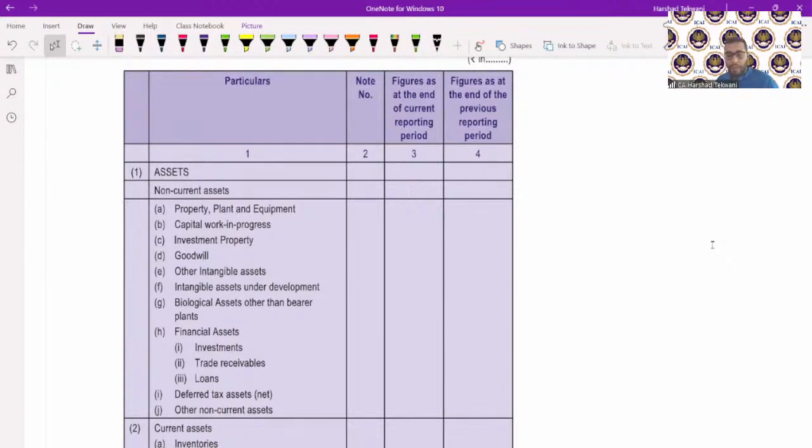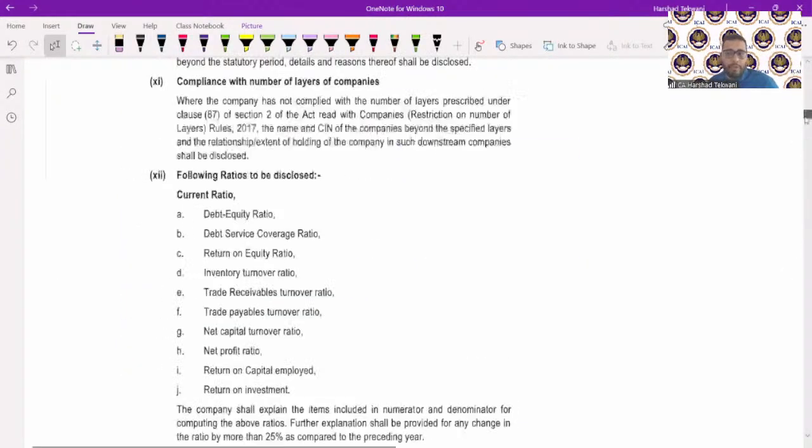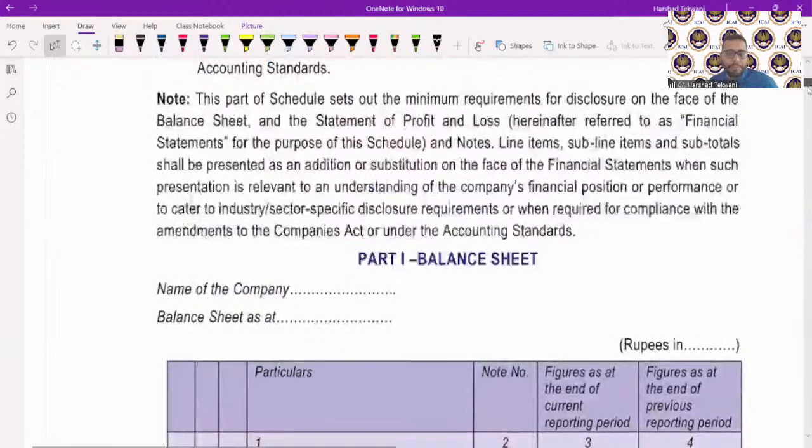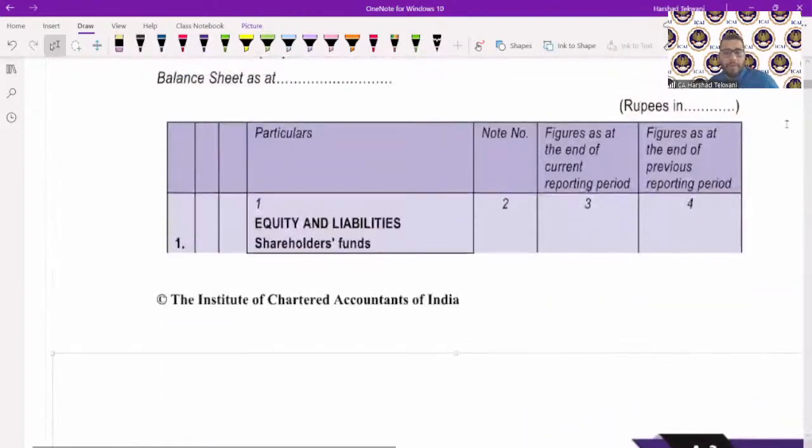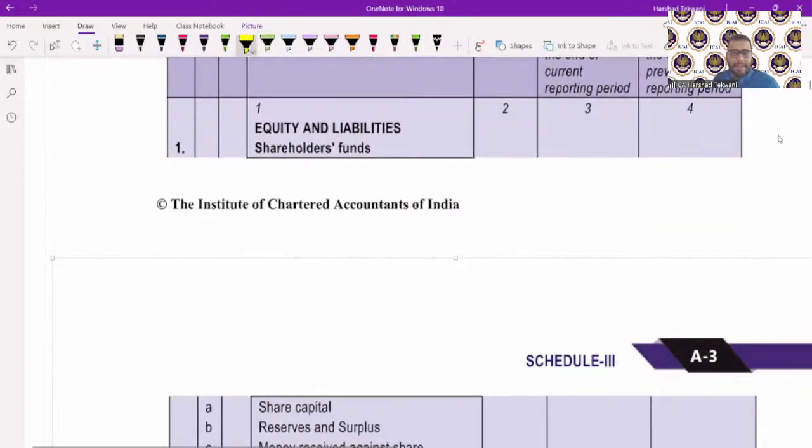So that is one major difference in the balance sheet between Division 1 and Division 2. Division 1 starts with the equity side first, then my asset side. In Division 2, first the asset side, then my equity. Clear? So let's move back to Division 1. If you see, Division 1 starts with the equity side first. You have equities and liabilities.